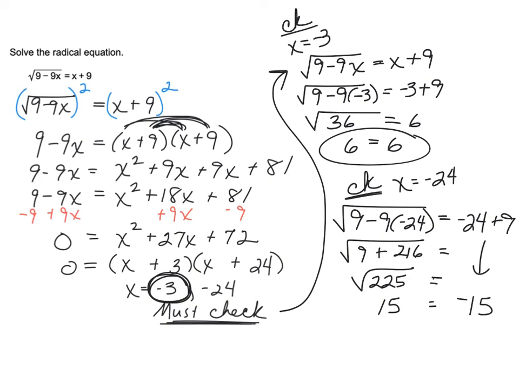Okay, that makes no sense, which means this was one of these false positives. Negative 24 does not work. You only get one answer, and it's negative 3. Usually I see this on the test where people work it correctly, but they forget to check and list both answers as the right solution. But it really is only one answer, the negative 3.